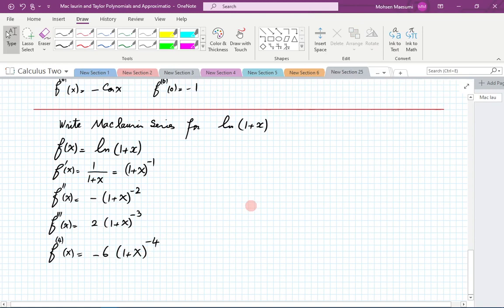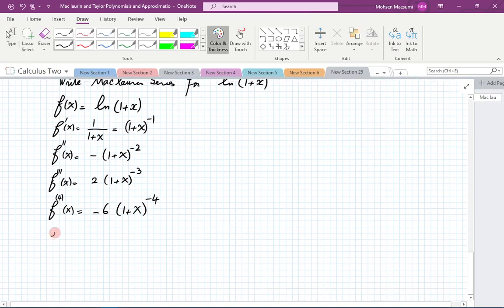Let's write a few more so that our hand gets used to this process. Fifth derivative, minus 4 times minus 6 is plus 24 times 1 plus x to power of minus 5. If you wanted to go to 6, minus 5 times 24 is minus 120 times 1 plus x to power of minus 6.